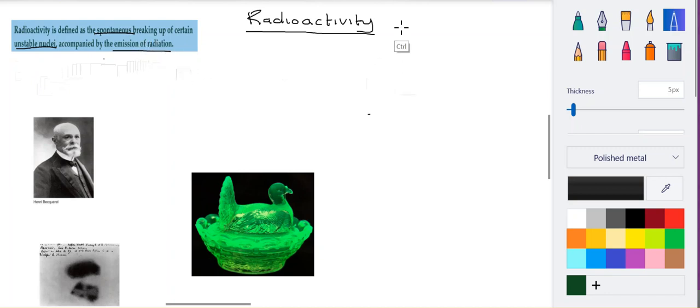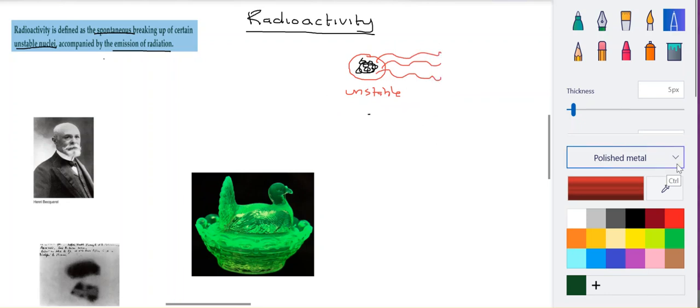So essentially, you have this nucleus. So imagine this is your nucleus. It's made up of lots of protons and neutrons. It's quite unstable, let's say, because the number of protons and the number of neutrons are not in the correct ratio. And as a result of this instability, it's going to emit radiation.